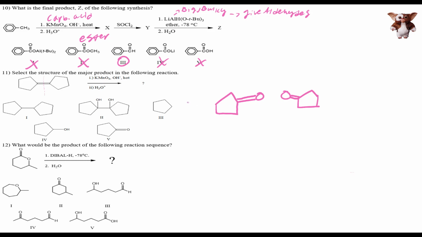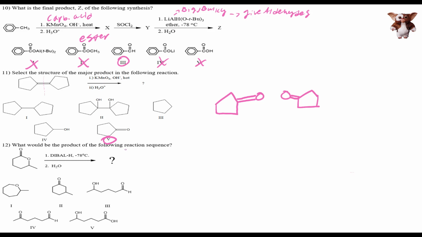So you made a ketone, which is very useful in this chapter because we can do a lot with ketones. We can do a lot of reactions and synthesis problems. But that's all there is to it. If you have hot permanganate and some alcohol and heat, we can actually cut the double bond in half and add an oxygen to it. Okay, so you oxidize it or something. So this is really good. It's going to be number 5. So this is the correct answer choice.